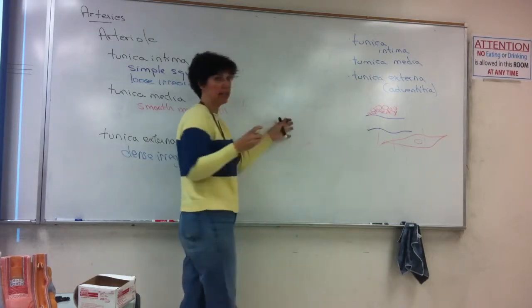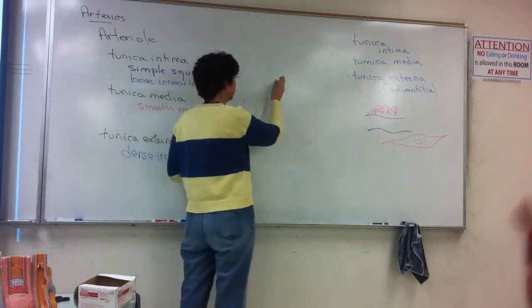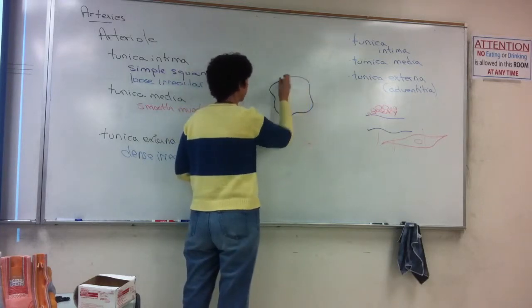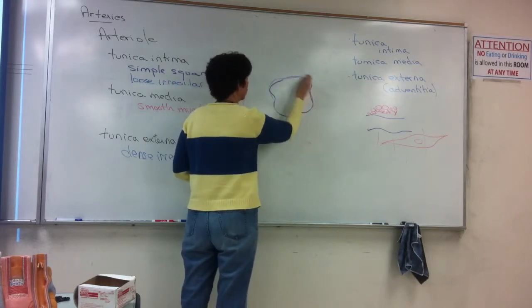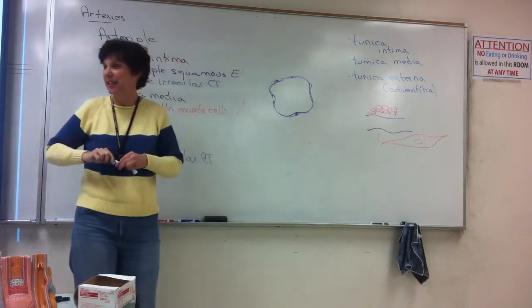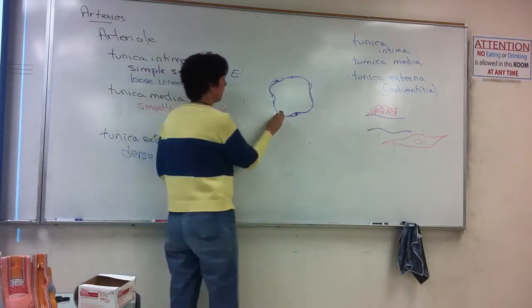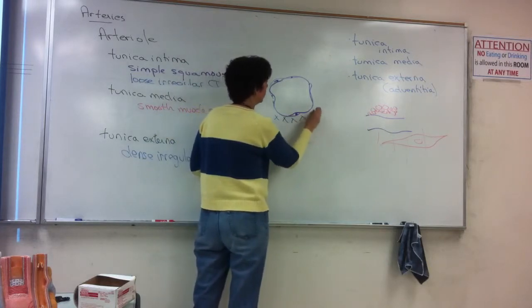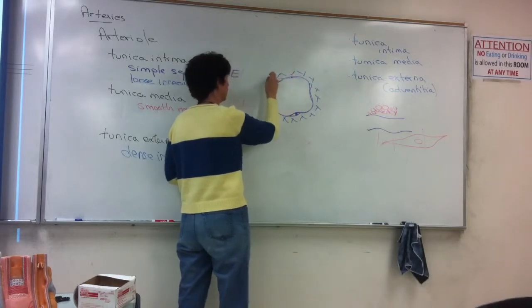I'm going to draw this a little larger than it would be in proportion just so it's visible. Simple squamous epithelial cells. We've lost that corrugated look because we don't have the internal elastic lamina. We still have loose, irregular connective tissue.